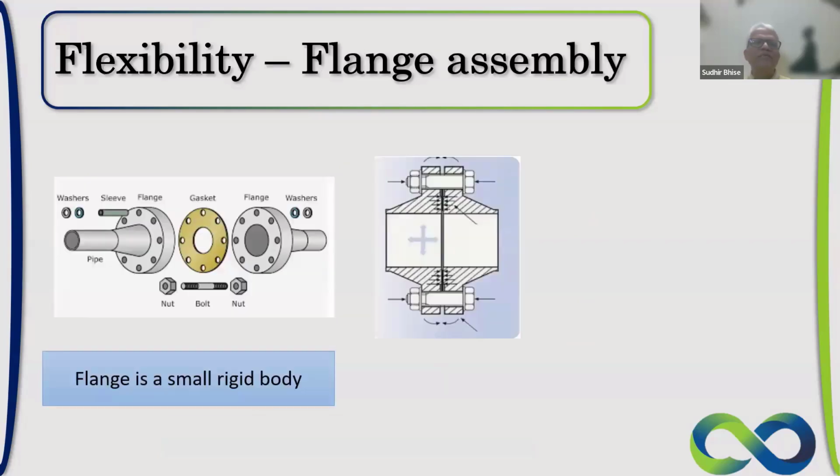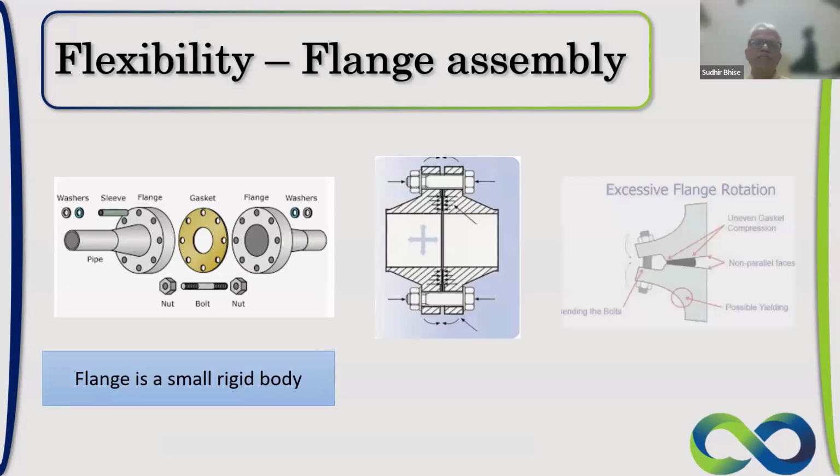Okay, so coming to the next fitting, which is the flange connections. We can see on the left-hand side figure the components of a flange fitting, and on the right-hand side we can see that it is assembled. So a flange is a rigid body which will have a lot of concentrated load or mass on the piping system, and it will be a rigid one.